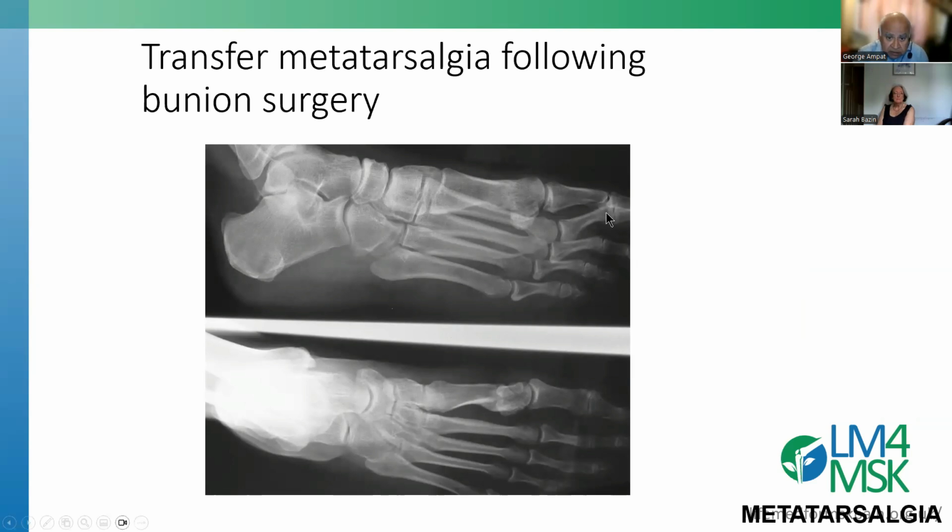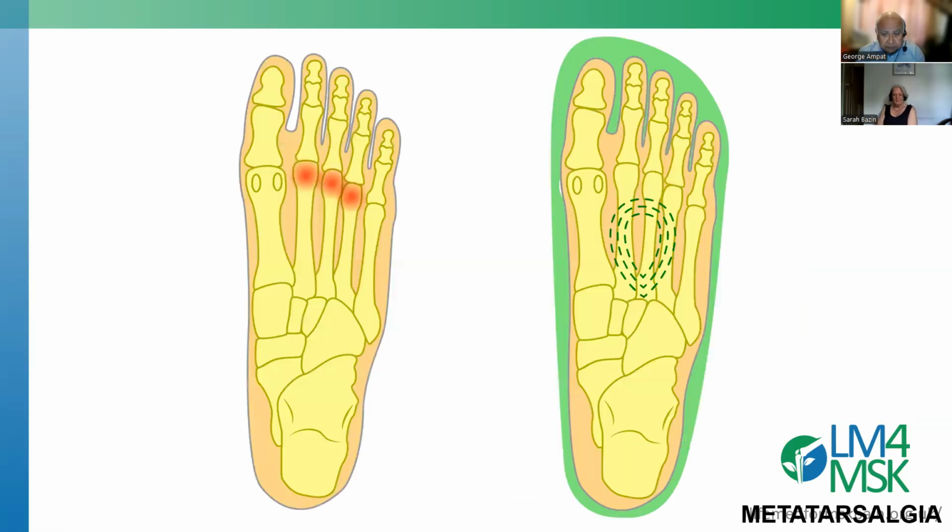When you do surgery for hallux valgus, you're trying to correct the angle, but unfortunately you may also reduce the length, and then the other metatarsals contact the floor, and we have increased pain. But if that happens, one of the easiest methods to solve it is to give an orthotic with a metatarsal pad.